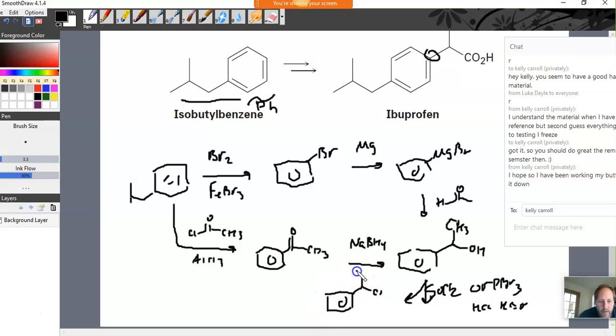So let's just make it a chlorine. Then there's two things you can do. The first thing I thought of is adding the cyanide to it, the nitrile, and then adding the base and the acid to hydrolyze it into a carboxylic acid. So first step was sodium hydroxide. Second step is adding acid, and you can make it into the carboxylic acid.